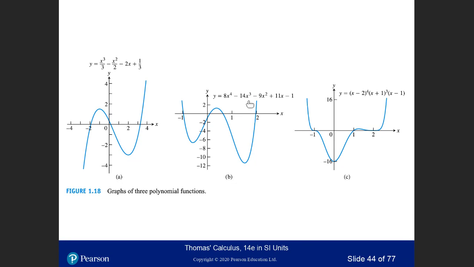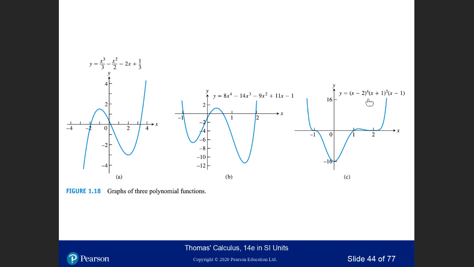For instance, this one, that's a fourth degree polynomial. If you find the roots of this, then you know that it crosses the x-axis 4 times, like shown here. That means this has 4 real roots.